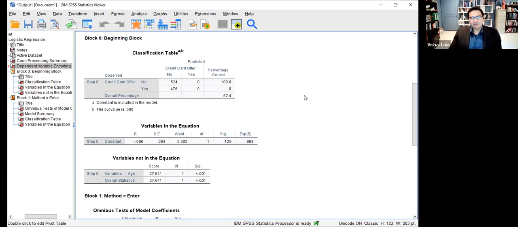Again, much like linear regression, where our baseline model is one with no predictors as well. In the absence of any predictors in linear regression, you would assume the average is your prediction.